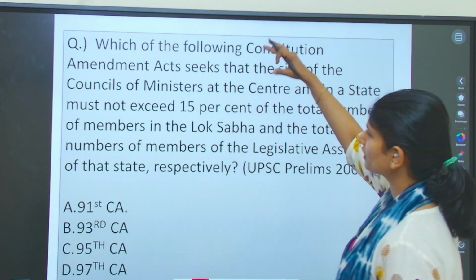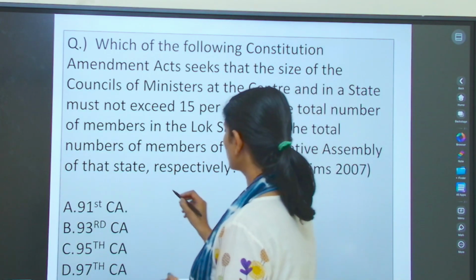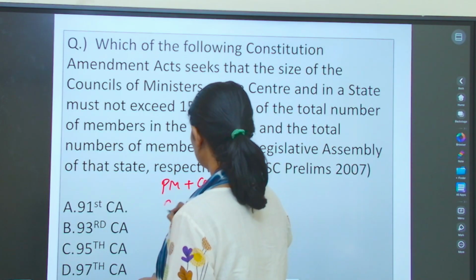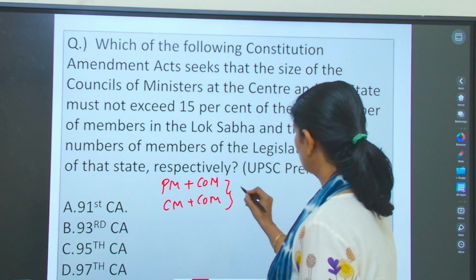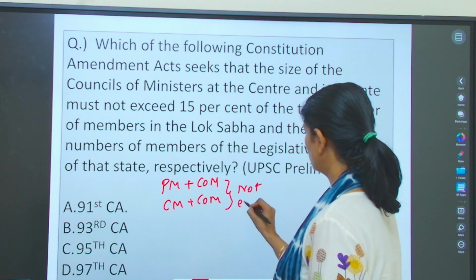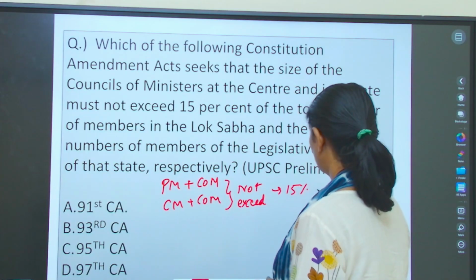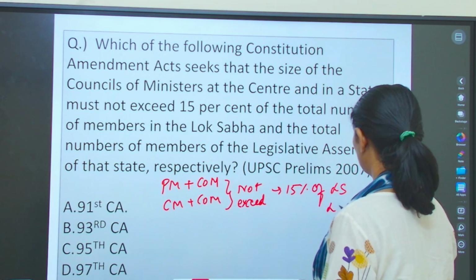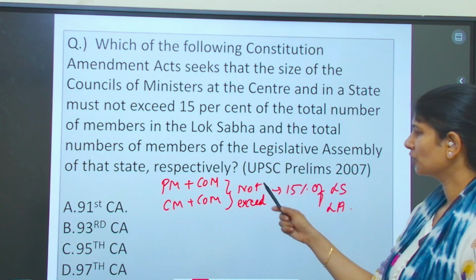So what I have told you, for a bulky question, you break it down to statements. All they are trying to tell is PM plus COM, CM plus COM.